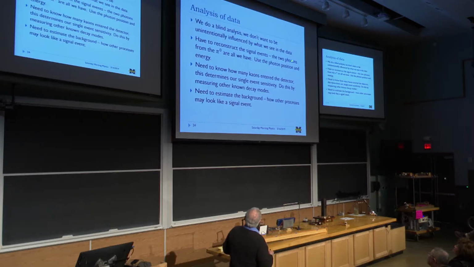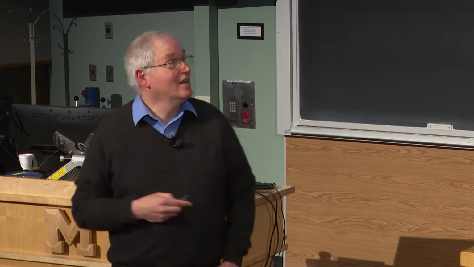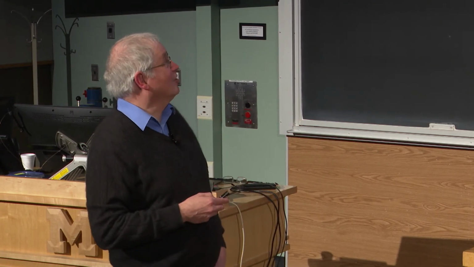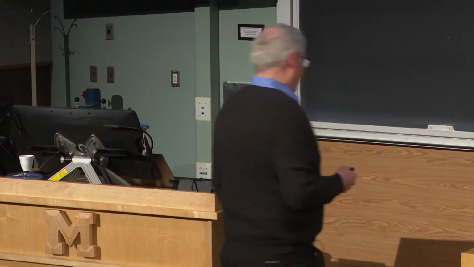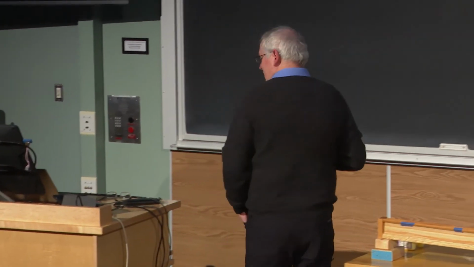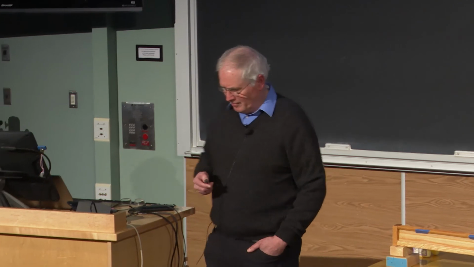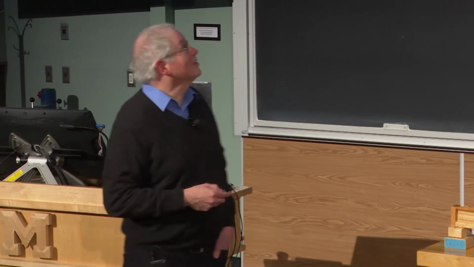We have to reconstruct the signal events, the 2 photons from the pi 0, using just the photon position and energy. We need to know how many other kaons came in to this detector, because we're looking at the ratio of the total number of kaons coming in to the ones that decay in the signal region. And we need to estimate how many different ways we can get fooled into thinking we have a signal event when in fact we don't.